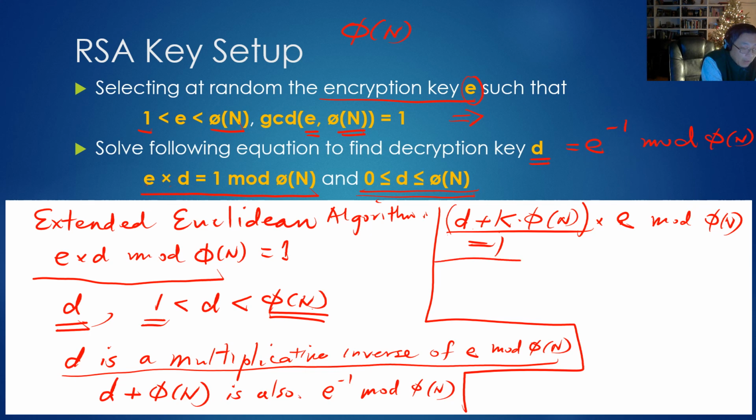If that's the case, it's easy to find a multiplicative inverse of E modulo phi of n within that range.